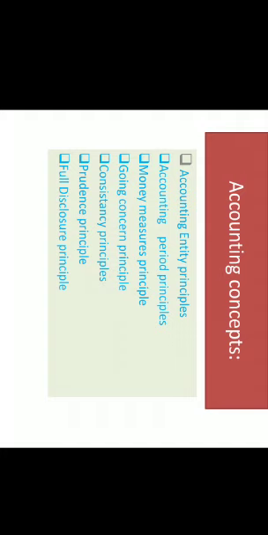For example, if the marketing manager is not on good terms with the production manager, the enterprise is bound to suffer. This fact is not recorded in accounting records, as monetary measurement of this information is not possible.